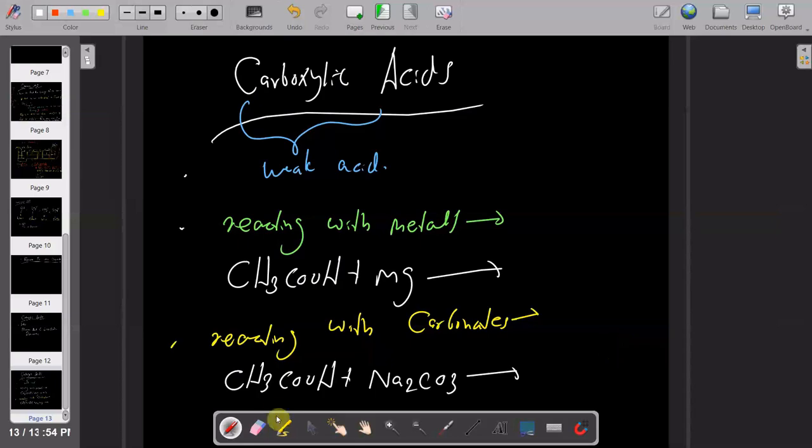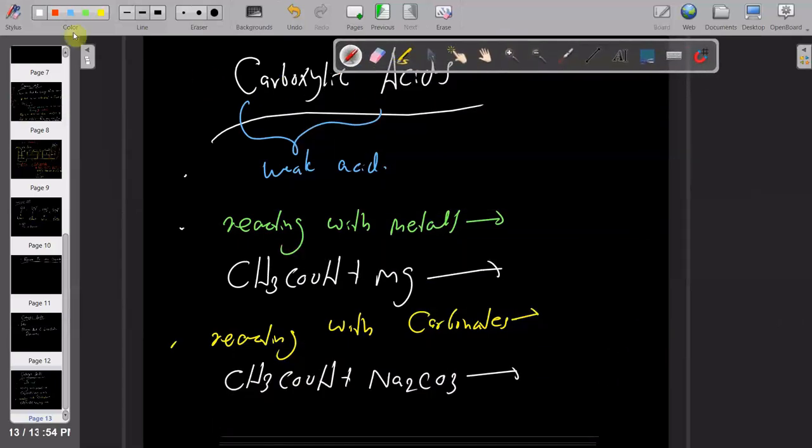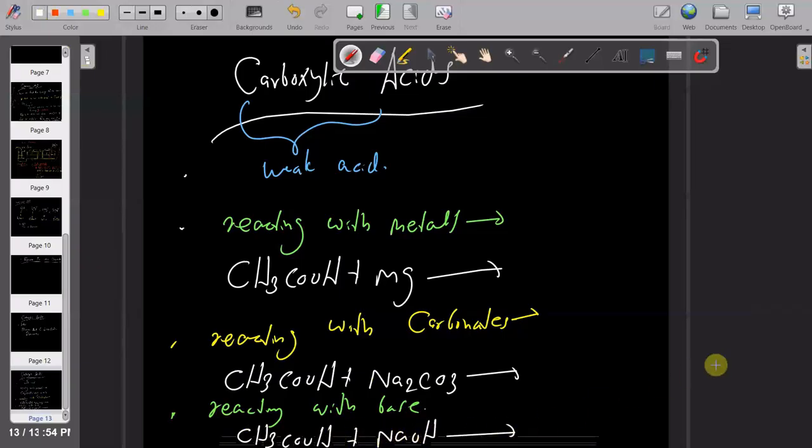And reacting with bases, with sodium hydroxide. Write down the products. Send me the answers. Let's see whether you can remember this.